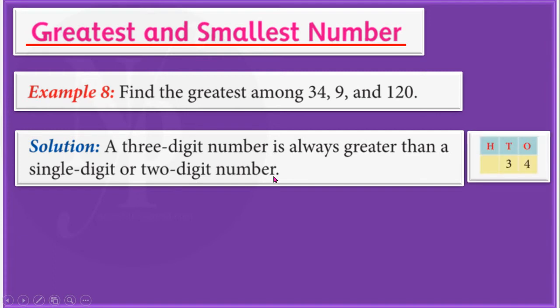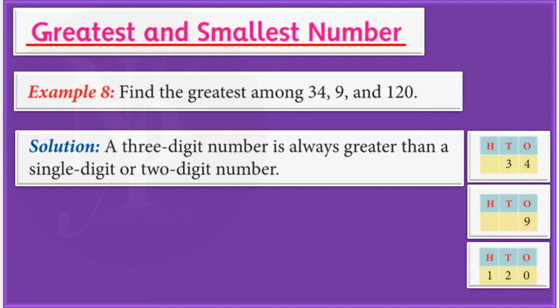So if we write down the given numbers in a place values table, we see that the number 34 is a two-digit number, 9 is a single digit number and 120 is a three-digit number.